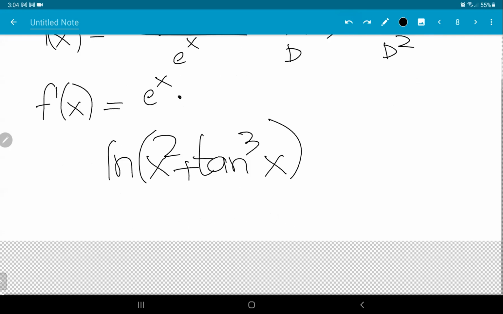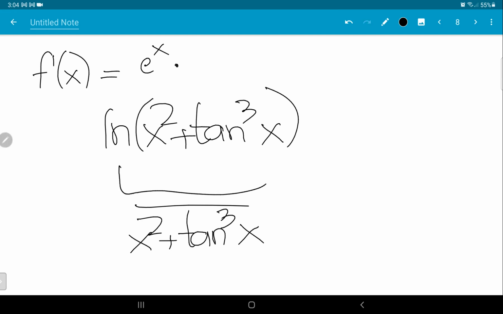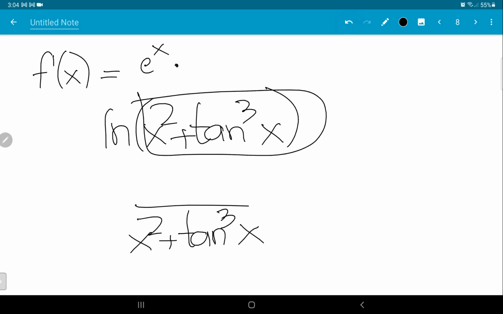So we have a 1 over that. And then we differentiate. We usually write it beside, but let me write it above because it will be just numerator times numerator. So here, I will write the derivative of this expression.